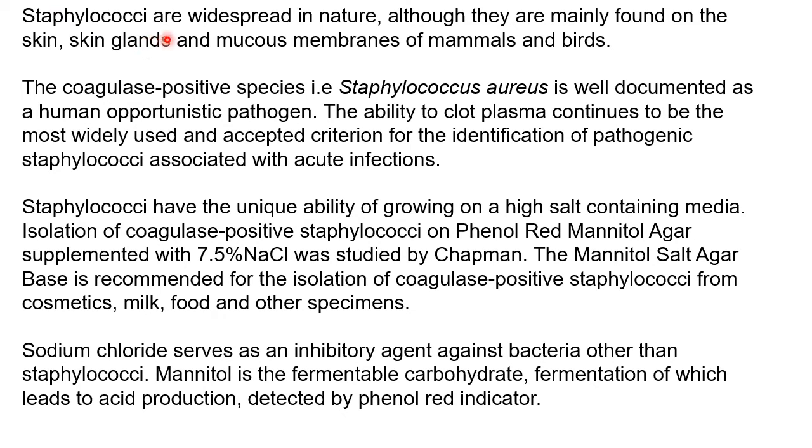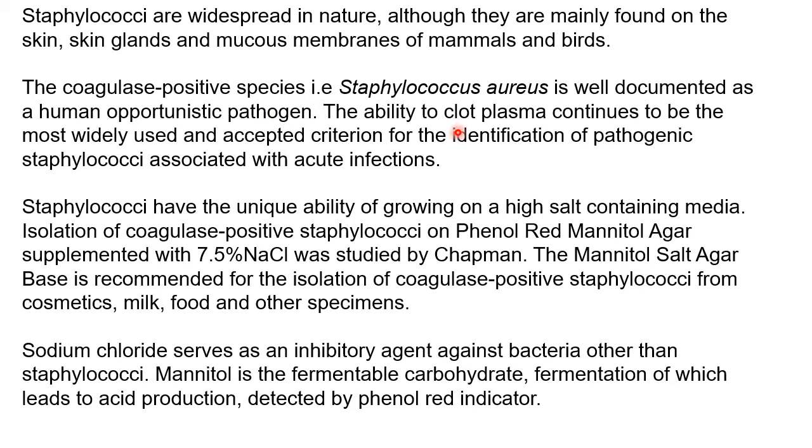Now, staphylococci are widespread in nature, and although they are mainly found on the skin, the skin glands, and the mucous membrane of mammals and birds, they are sometimes pathogenic, or you can say opportunistic pathogenic. The coagulase positive species, that is Staphylococcus aureus, is well documented as a human opportunistic pathogen.